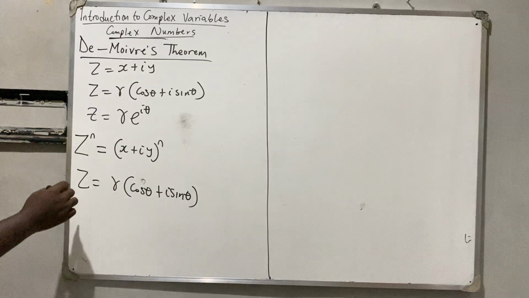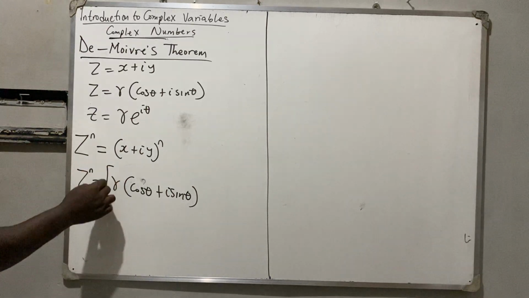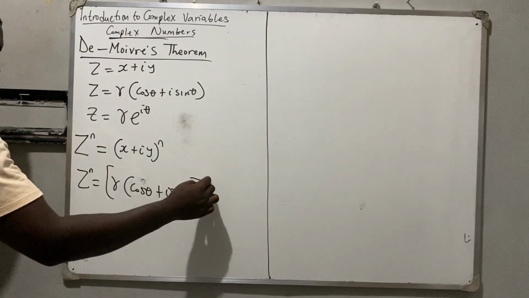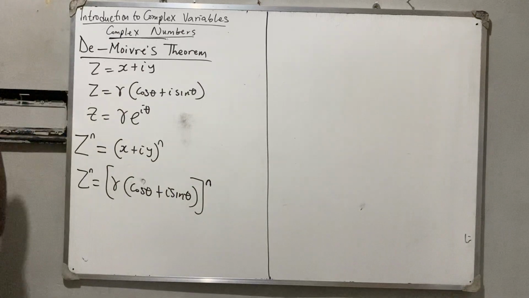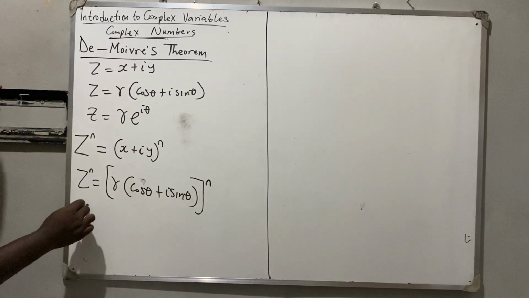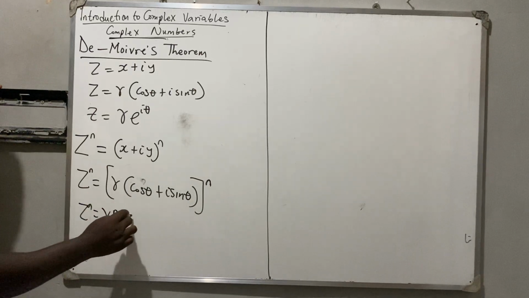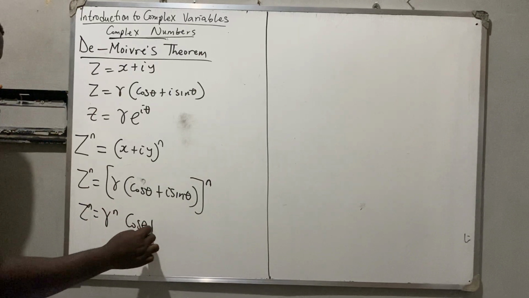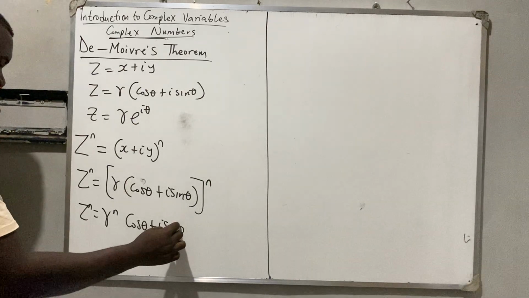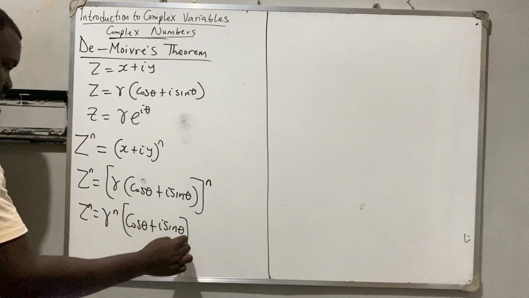So if I'm taking z raised to power n, it will be all of this raised to power n. Now let me tell you what the De Moivre theorem says. It says that z raised to power n will be r raised to power n, then cos theta plus i sine theta, everything raised to power n.